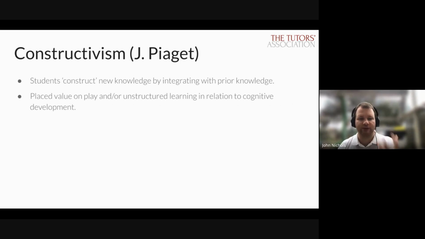And this is what Piaget really got people to start thinking about in the 60s and 70s, that actually there was value, cognitive development value, in what children were doing at a much younger age. This is kind of, you can say, a bit of an introduction to early years education.